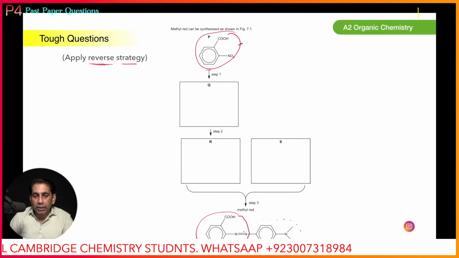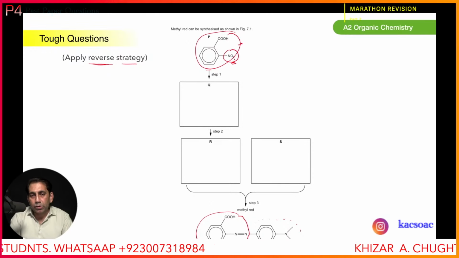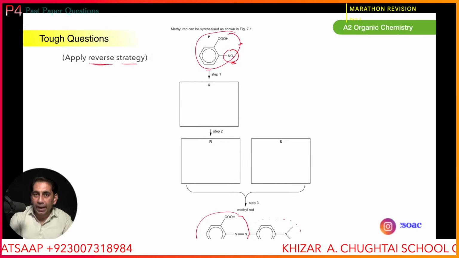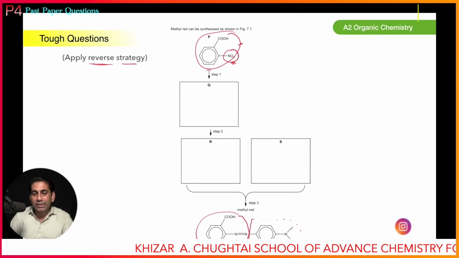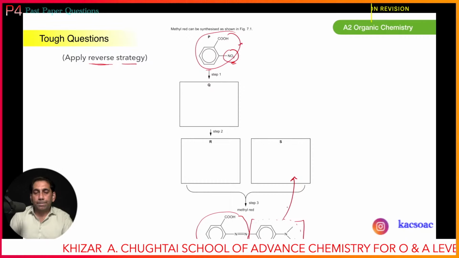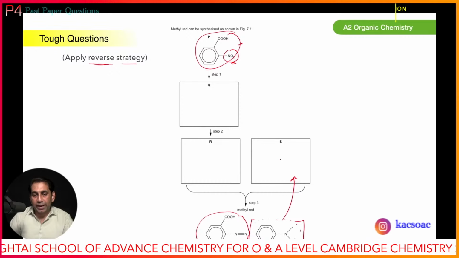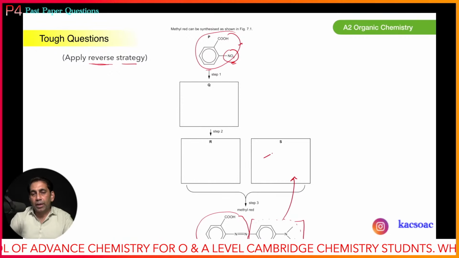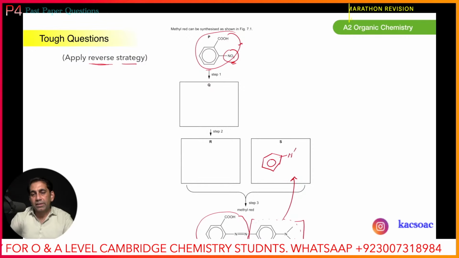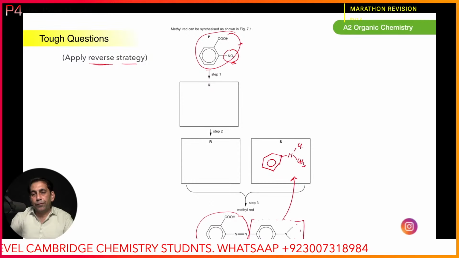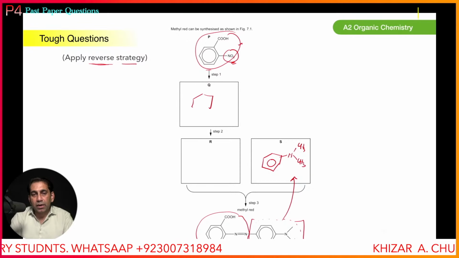So what are the changes expected over here, or what should be done with the nitro group? It should be changed, first of all, into NH2 group, then NH2 group will change into diazonium salt. And obviously, this is the R that is coming from the second side. The second molecule is this one, S. So in my opinion, I'm going to mark it over here. This is an S that is having CH3 over here. Now, what is the Q basically? What is the expected answer of this Q?